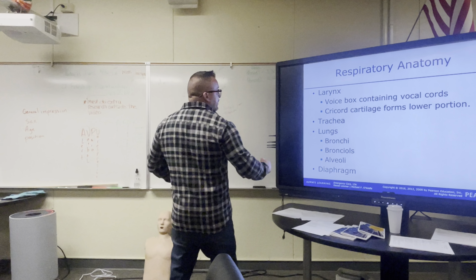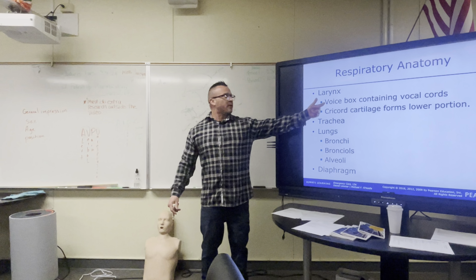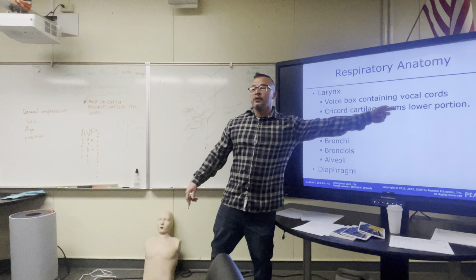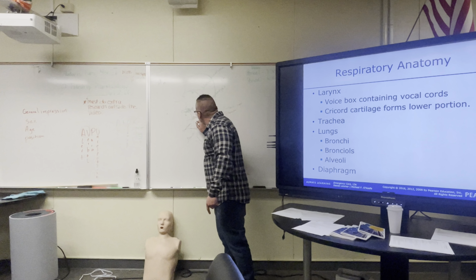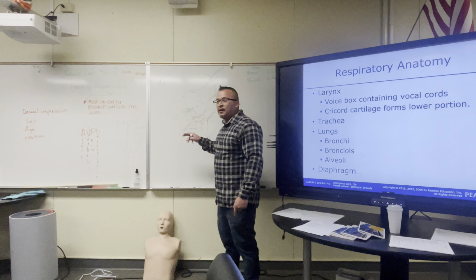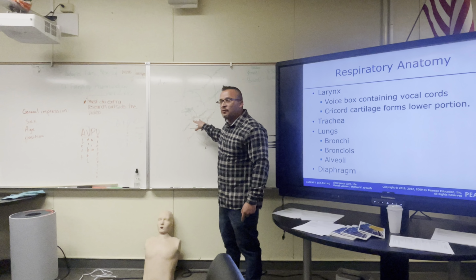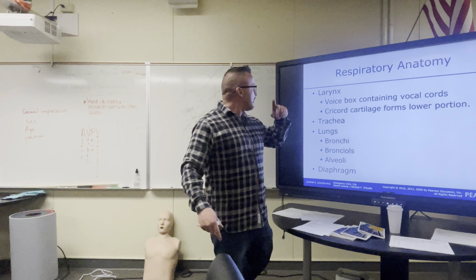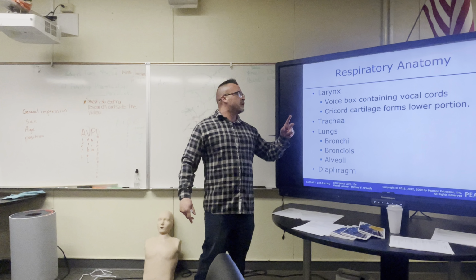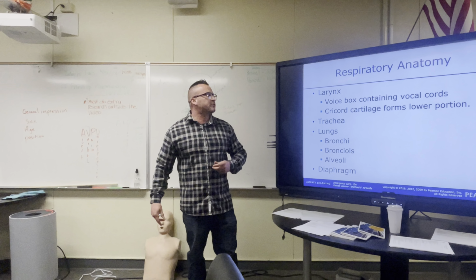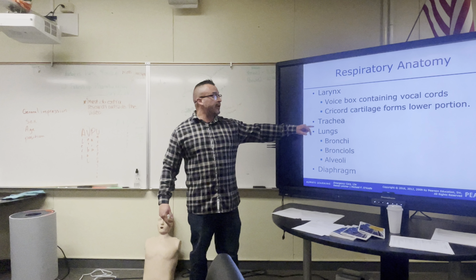And so the voice box, known as the larynx, the vocal cords are actually found right at the glottic opening. They're right here, okay? And that's what allows you to talk when you move these things, okay? Cricoid cartilage forms the lower portion, okay? So your trachea, we talked about that.